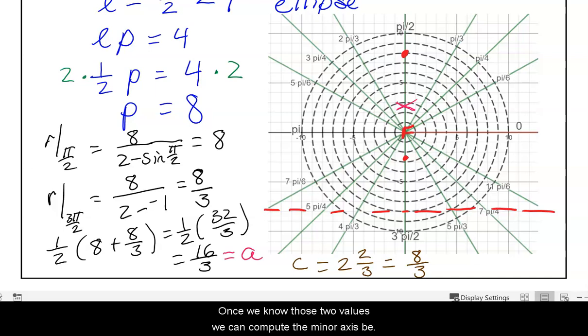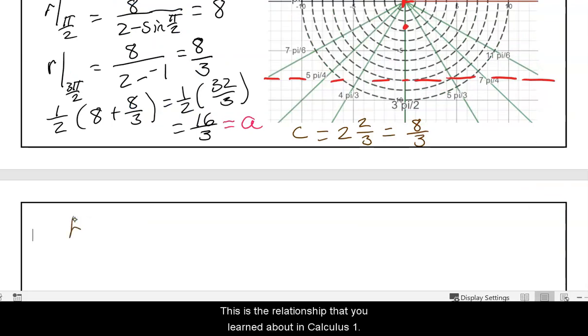Once we know those two values, we can compute the minor axis B. Remember that for an ellipse, A is longer than C. That will give us the relationship of B from the equation B squared is equal to A squared minus C squared. This is the relationship that you learned about in Calculus 1.